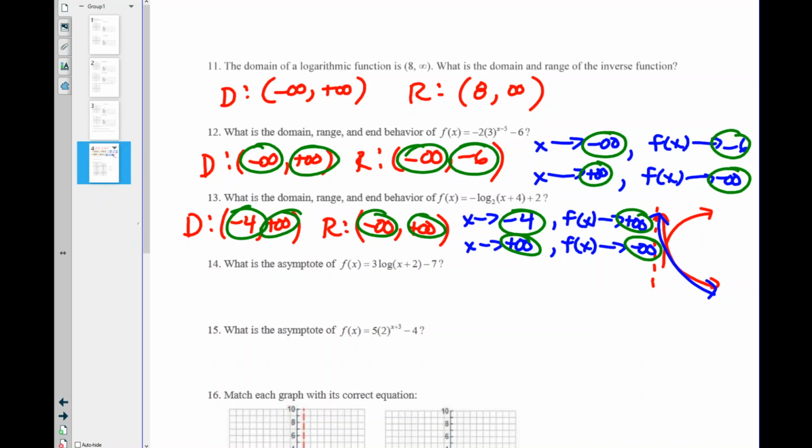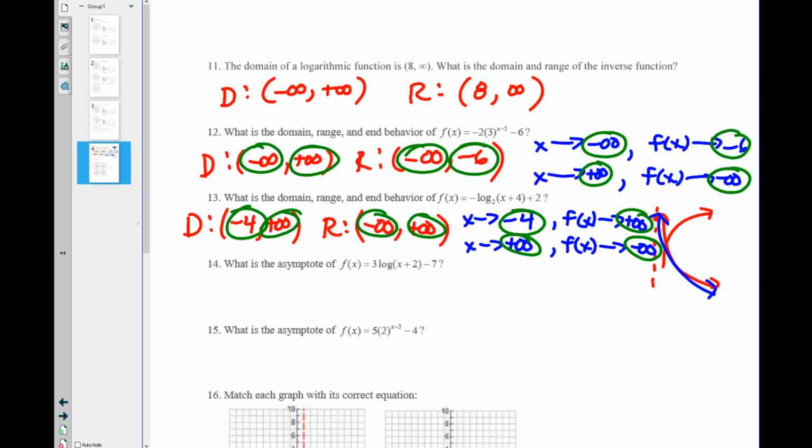Where the x goes, it's gonna be on the domain. Yeah, okay, yes.